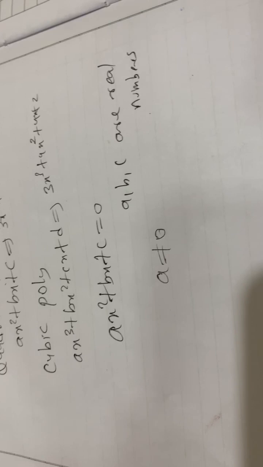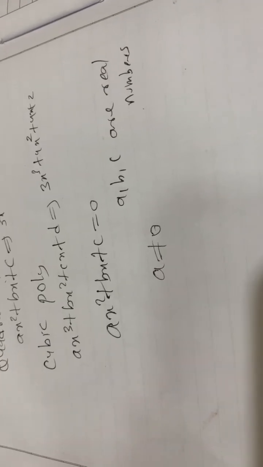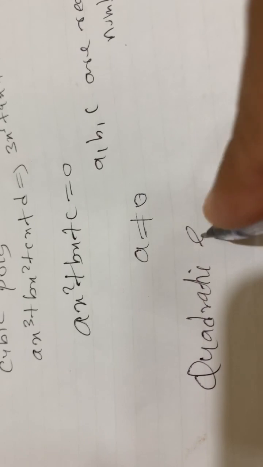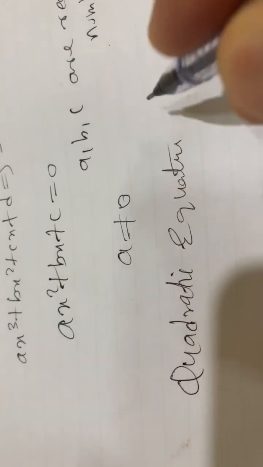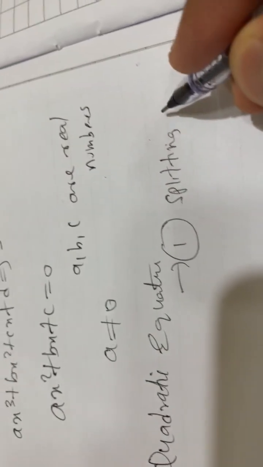So in the first exercise 4.1, we'll discuss only checking whether it is a quadratic equation or not. In this chapter, for solving quadratic equations, we will learn two methods. First, already you know, is splitting the middle term.